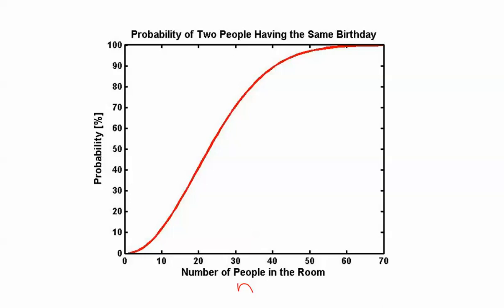This is the probability of at least 2 people in the room having the same birthday. It's not necessarily the probability of exactly 2 people. We can have more than 2 people if we want. This is the probability of at least 2 people having the same birthday.